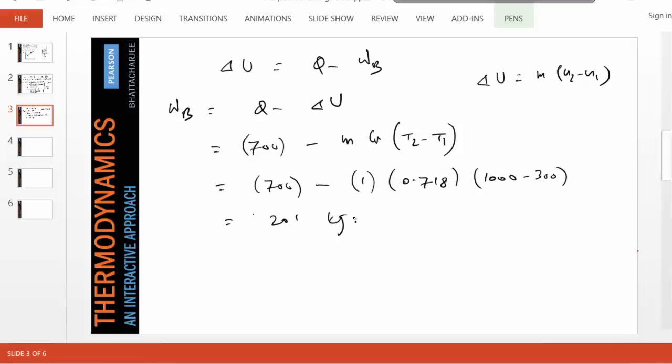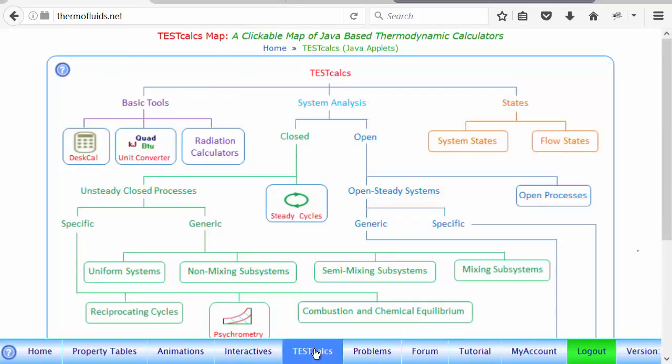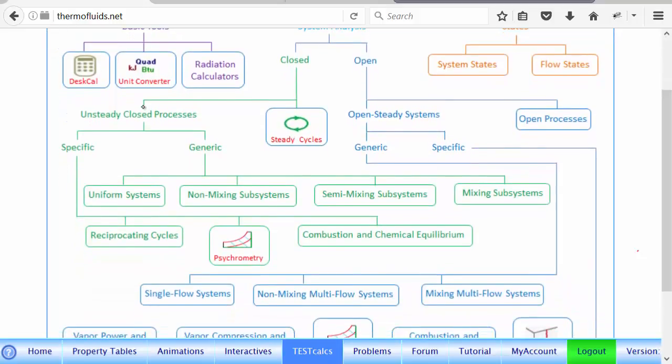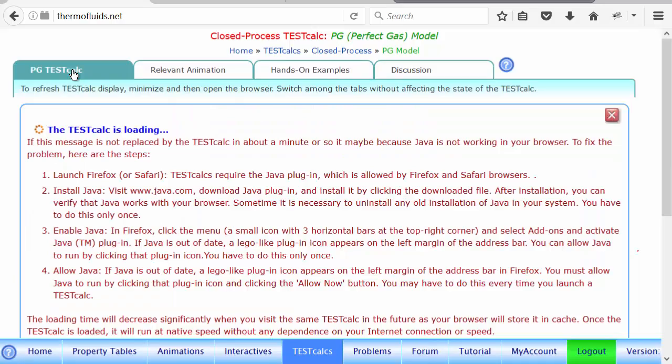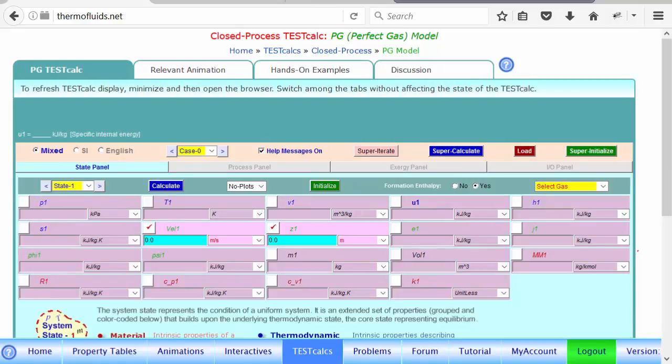There we go. So let's go and quickly verify these calculations. We go to TEST calcs and again follow the branch Systems Analysis, Closed, and we follow the generic branch, Uniform System, and launch the PG model. The first thing, you have to select the gas, otherwise you cannot even enter any known variable.